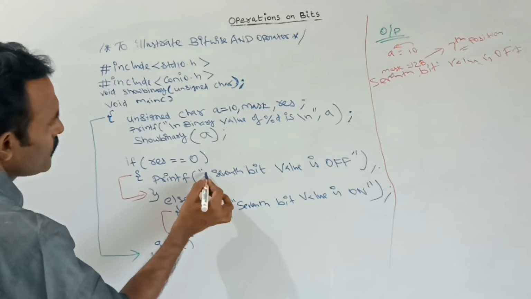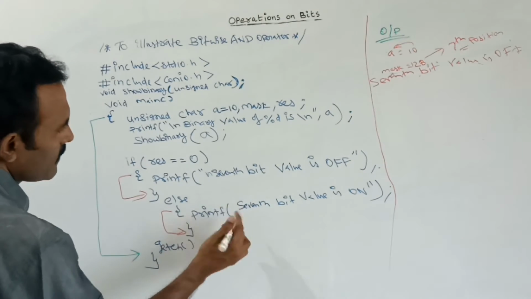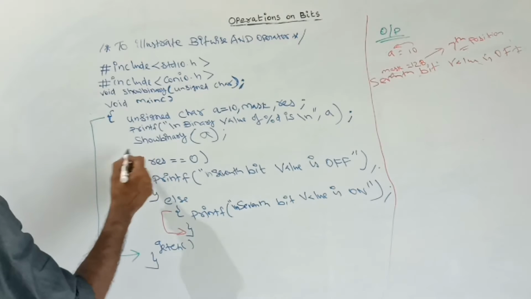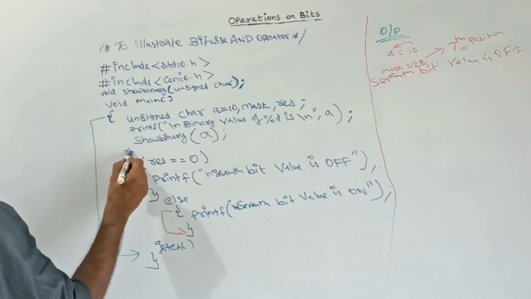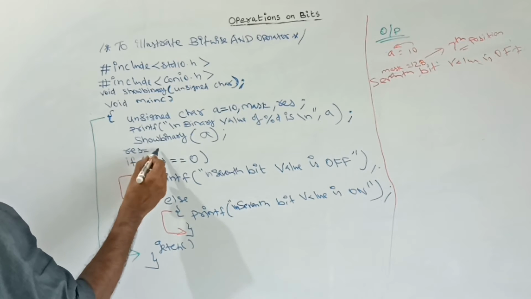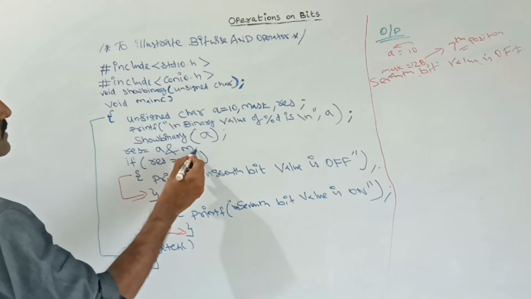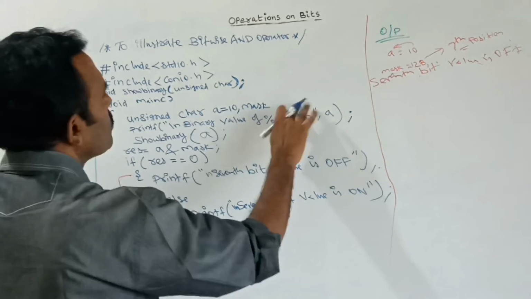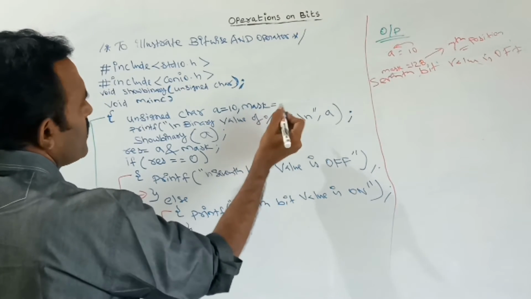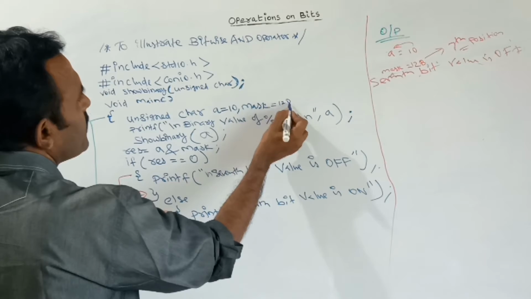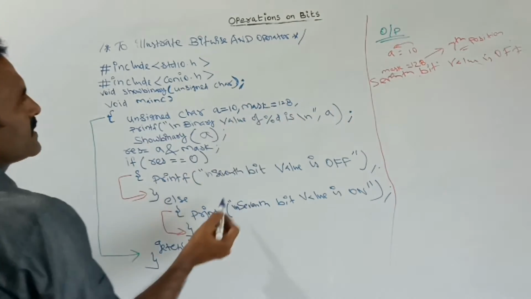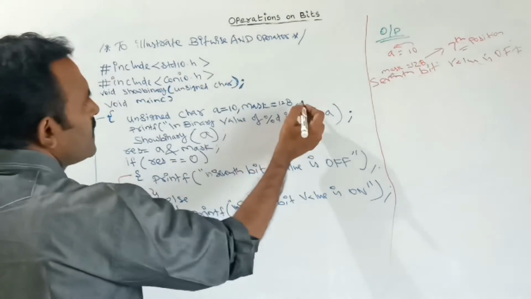Here you put \n. Here I am finding the result. Our result is equal to a bitwise and the mask value. Mask is equal to 128. 128 means finding the seventh position. Next, result.